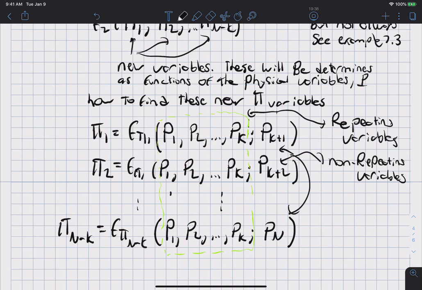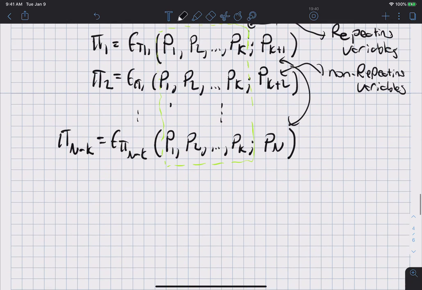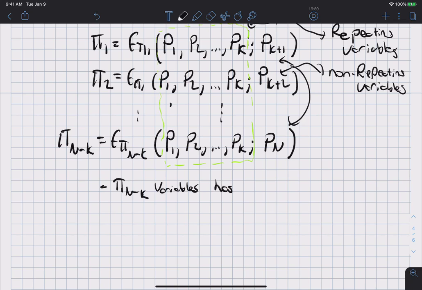So these pi n minus k variables, or functions, have the same k repeating variables, with the exception of those very few special cases.